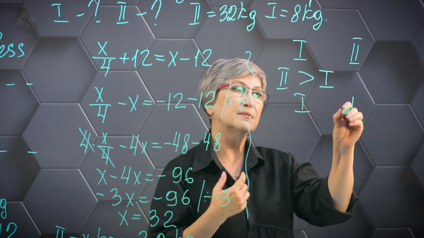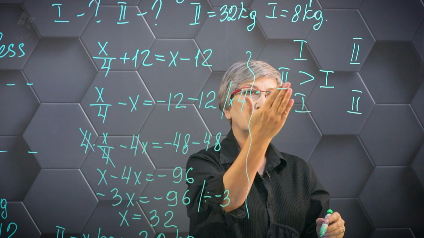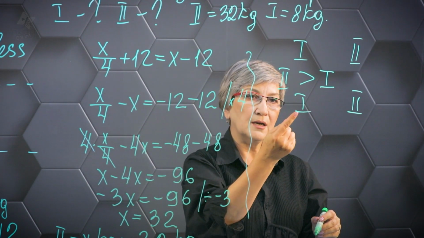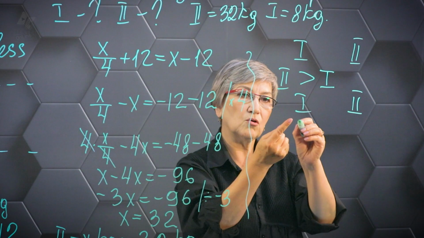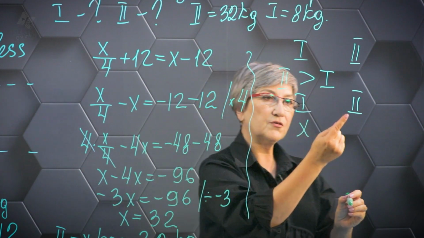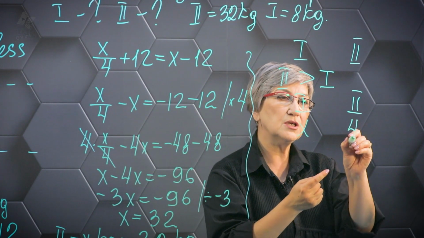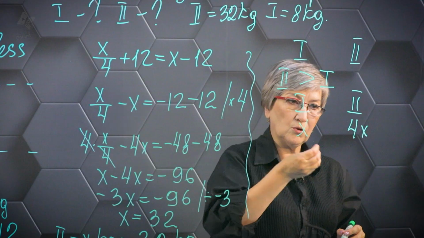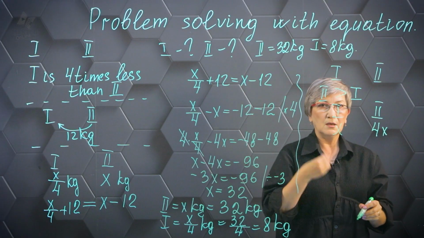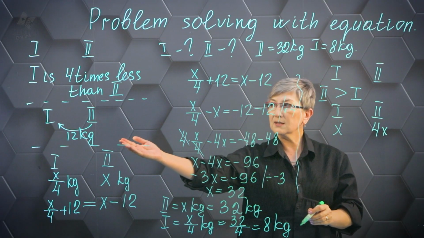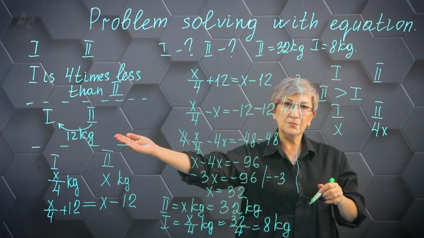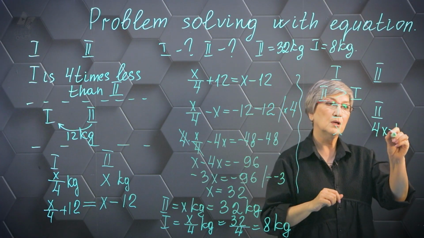Then I can denote the number of cookies in the first box by x, and the number of cookies in the second box is 4x, because there are 4 times as many cookies in the second box. Next is the second condition, when 12 is transferred from the second box to the first box.